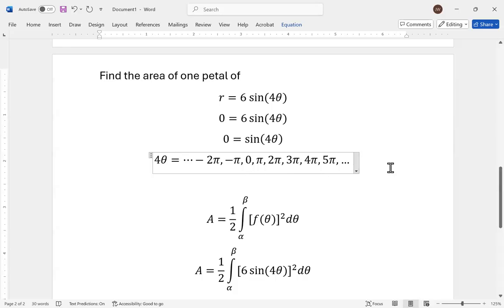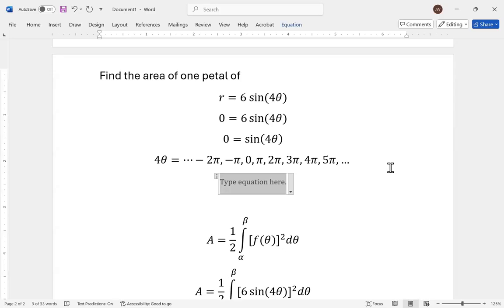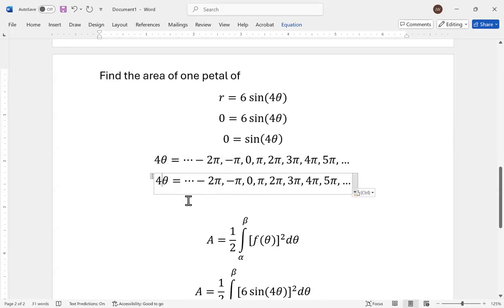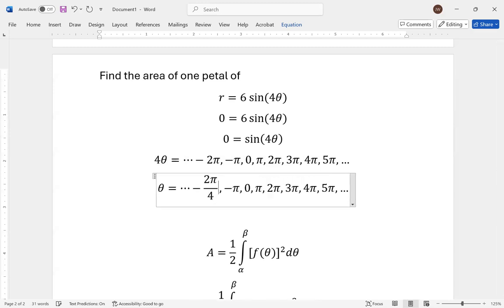If I divide everything by 4, then, in fact, let me copy and paste this. It's going to be easier to divide everything by 4 this way. Divide both sides by 4. Zero divided by 4 is just 0.